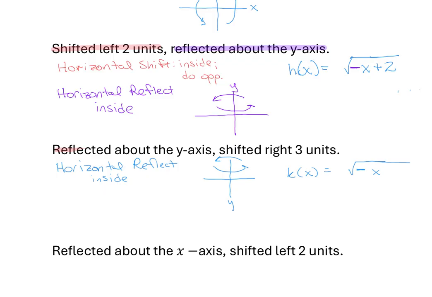The other thing that we have is we have shifted right 3. And so this is going to be a horizontal shift. It is going to be inside, and we want to do the opposite. And so right 3 is going in the positive direction, and I want to go ahead and make it a minus 3.